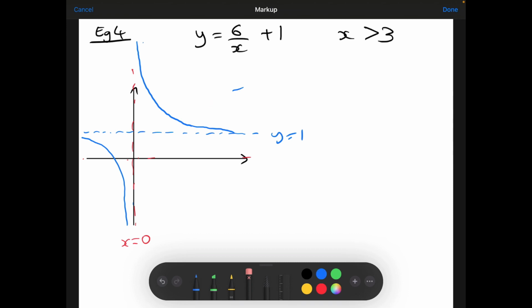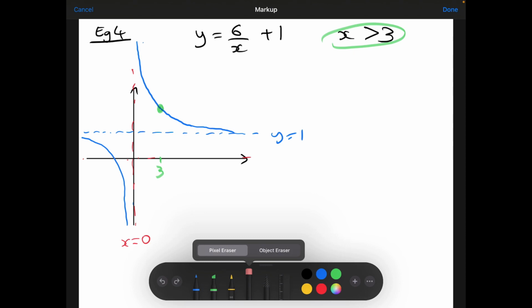We don't want the whole graph though, we only want where x is greater than 3. 3 is roughly here somewhere, so I'm only interested in this part of the graph here.